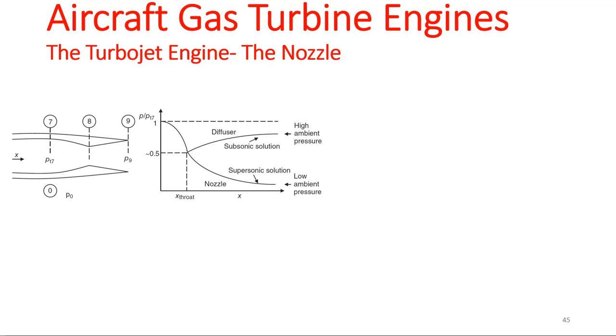But the thing is, you will have the perfectly expanded nozzle. That's the question you want to answer. It is a convergent divergent nozzle, so the choking happens at the throat, right? That's the idea.